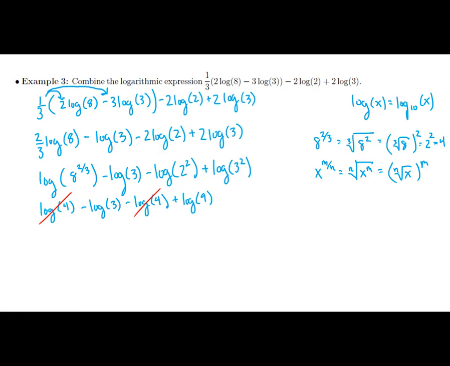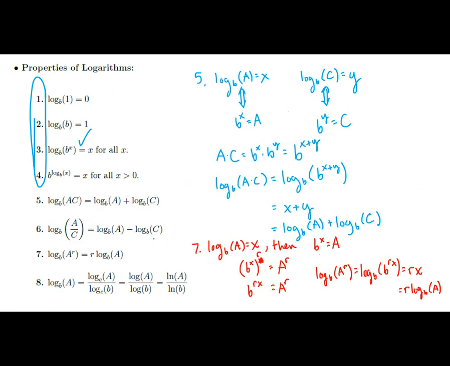And so the only thing that I want to emphasize here is that when you have negative log 3 plus the log of 9, just don't fall in the trap of not looking carefully enough at what the property says. So if I back up 2 pages here and look at number 6. Number 6 says log base b of a minus log base b of c is log base b of a over c.